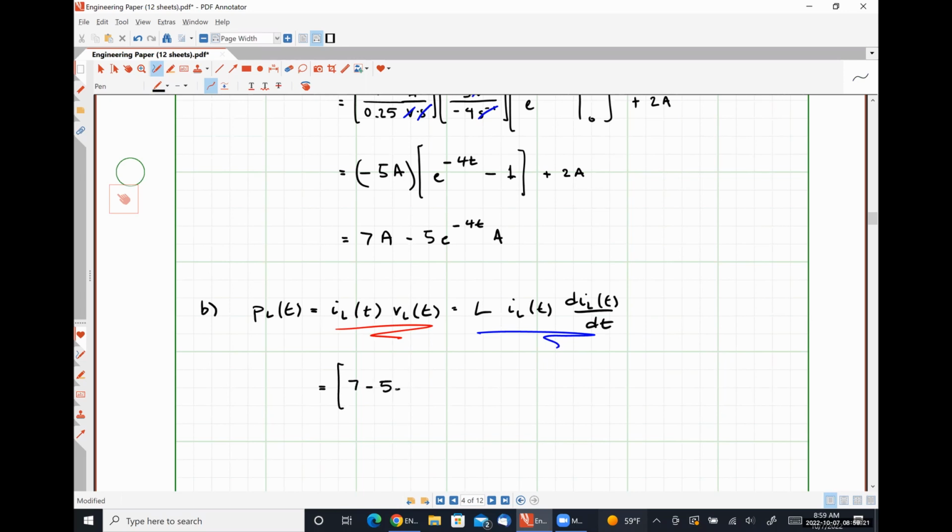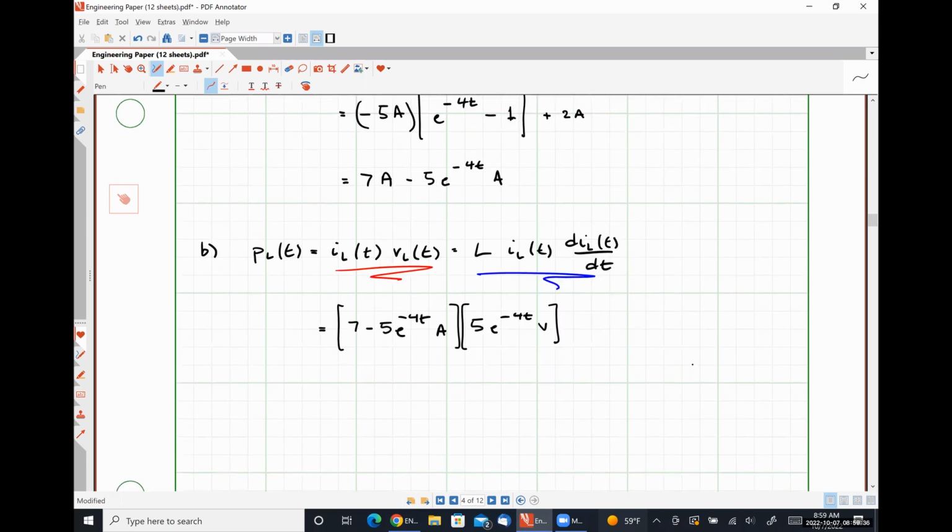All right, so anyway, for us, we have our current 7 minus 5 e to the minus 4t amps. We're multiplying this by our voltage, 5 e to the minus 4t volts. And so what's going to happen here? So we're just going to effectively, it's not even really foiling this thing out because there's not 2 terms in each of the bits. But 7 times 5 is 35.